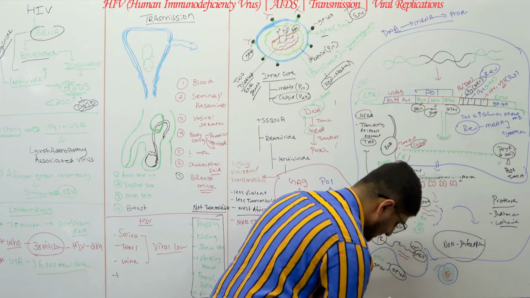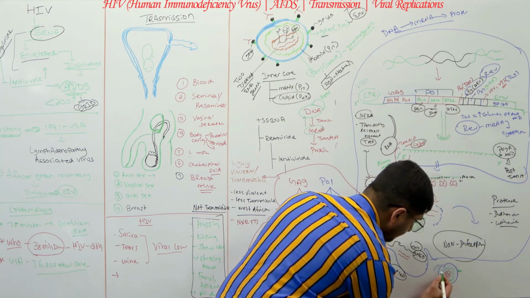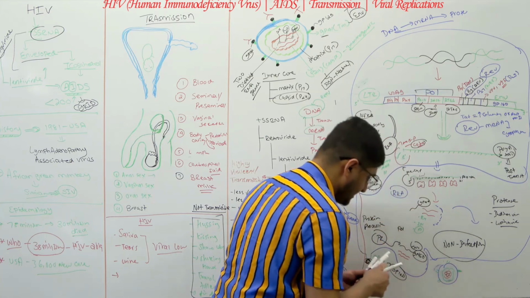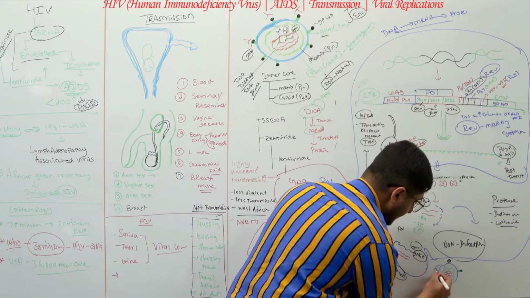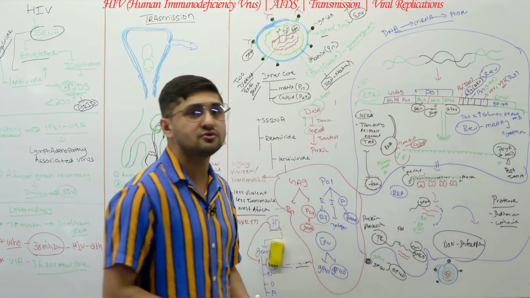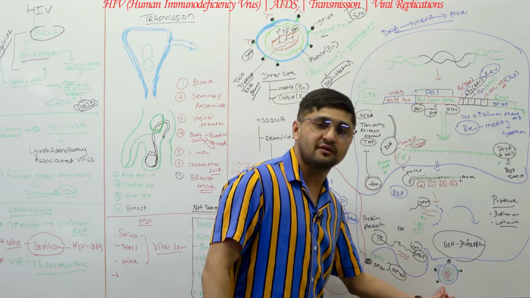You basically have the green particles right here. This is a new virion. A new HIV is made now. This is how you usually synthesize the new virion, the new HIV virus.